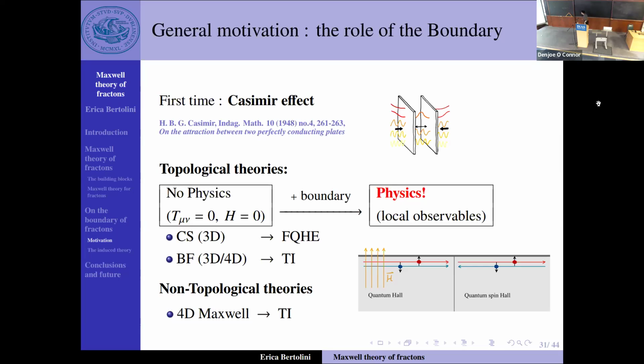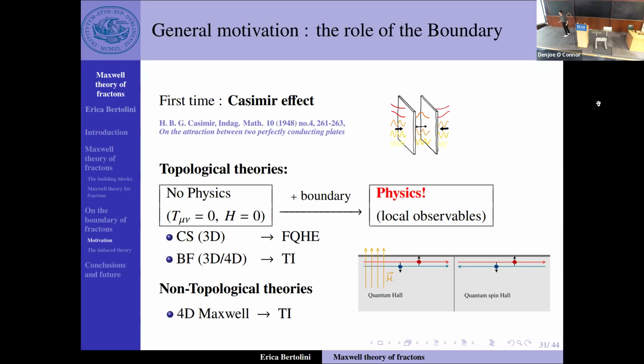However, when one adds a boundary, you can find on this boundary local observables and then identify some kind of physics on them. For instance, for a Schwarz type topological theory, one can have edge states of fractional quantum Hall effects on the boundary of the three-dimensional Chern-Simons theory, or edge states of topological insulators for three-dimensional or four-dimensional BF theories.